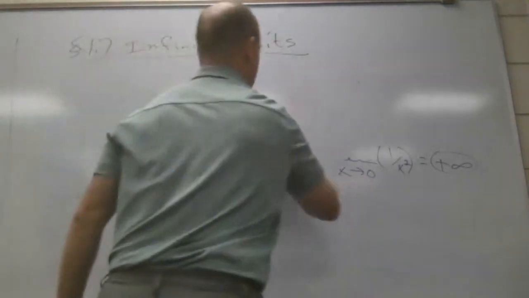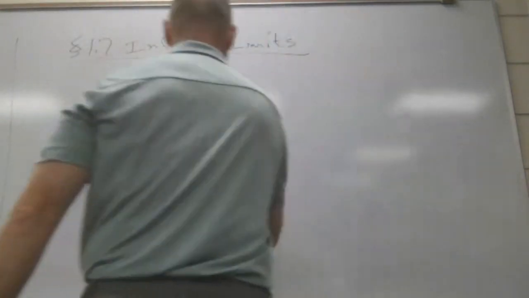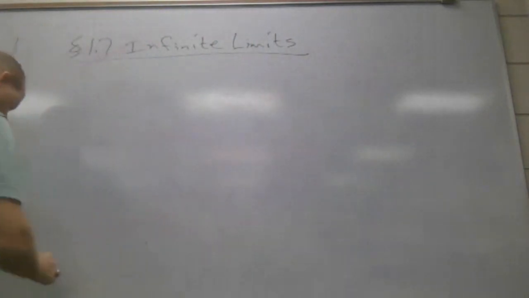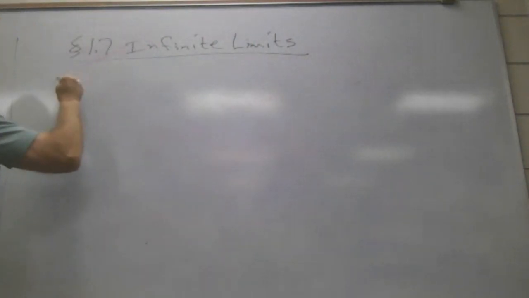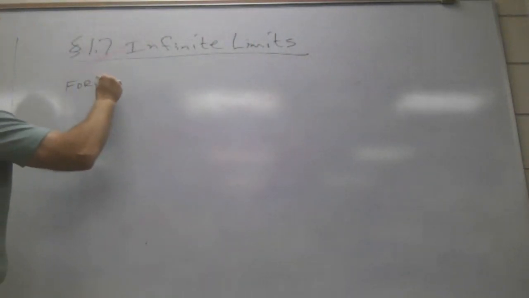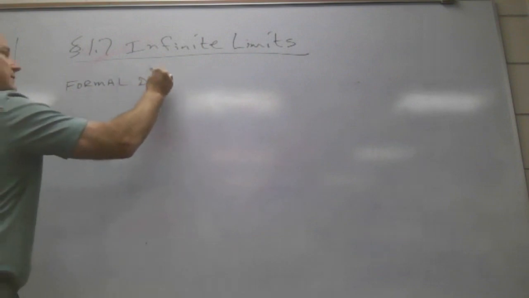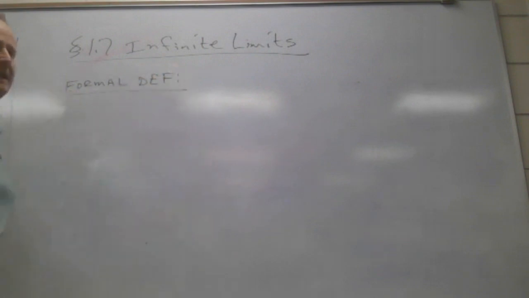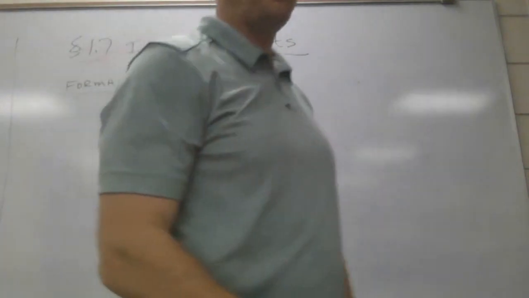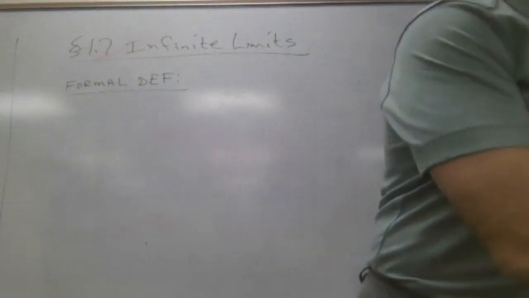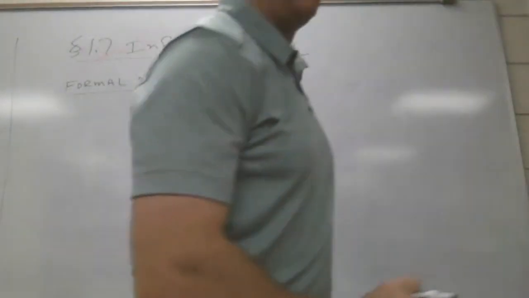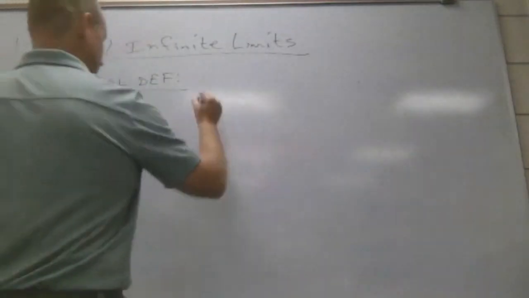All right. So anyway, we're going to have some big N. So we need to define what an infinite limit is. So let's do the formal definition for an infinite limit. Formal definition is probably going to mean epsilon delta, right? So first of all, we've got to be defined where?